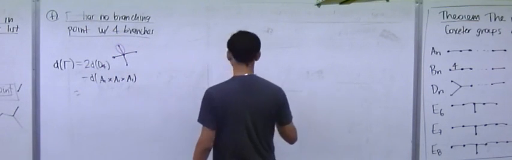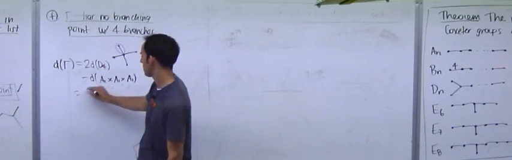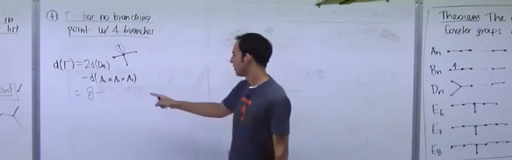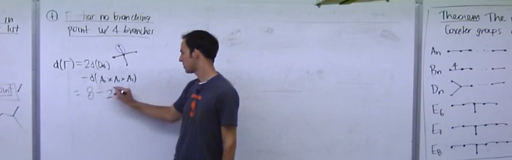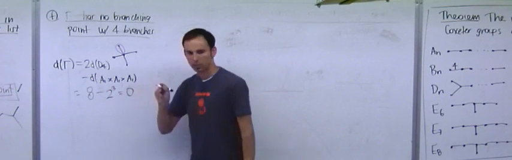Now d of the 4 is 4, so I get 8. Now this is d of A1 multiplied by itself 3 times, so that's 2 cubed, which is 0.